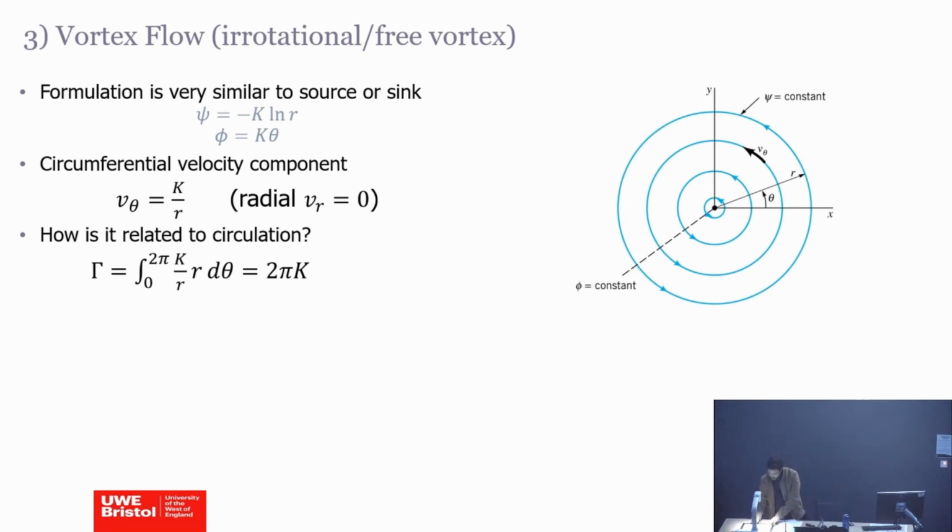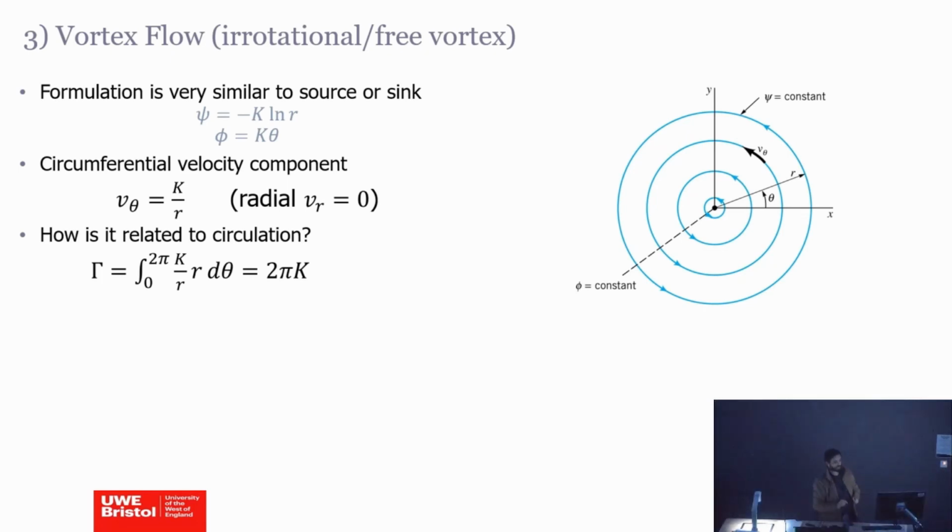But what we have is that v theta is k over r. So we just substitute for... why am I confused now? One second. V theta is k over r, that's fine. Circulation is 2 pi k, that's fine.